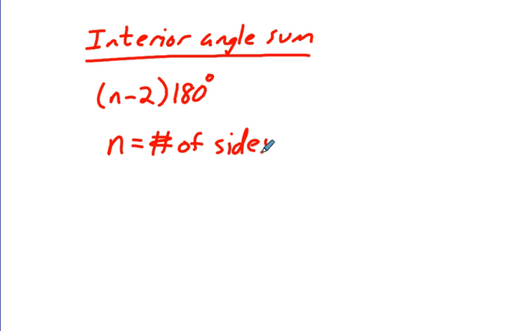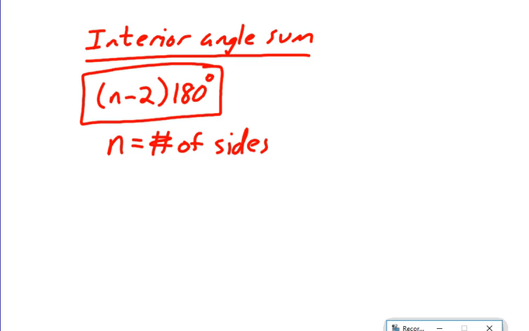So the interior angle sum can be found by the formula (n minus 2) times 180, where n is equal to the number of sides of the polygon. In the next video I'll go through a couple of examples of how to use this formula to find angle measures inside of polygons.